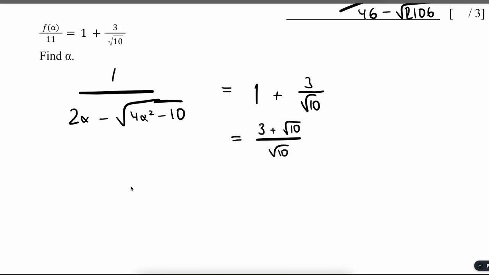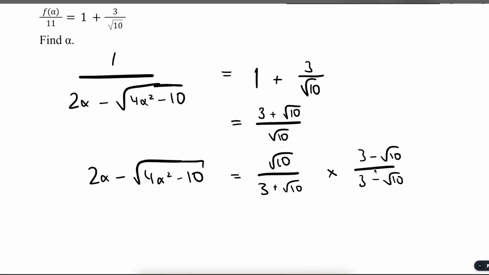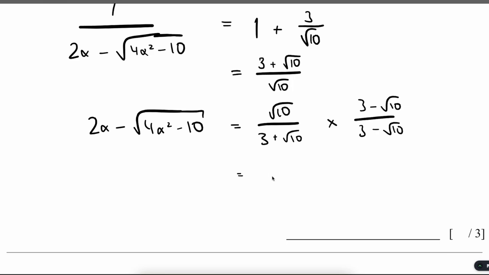And then we can do the reciprocal of this to get 2 alpha minus root 4 alpha squared minus 10 equals root 10 over 3 plus root 10. Then we're going to rationalise the denominator, 3 minus root 10, and we end up with 9 minus 10 on the bottom, and then on the top we get 3 root 10 minus 10.